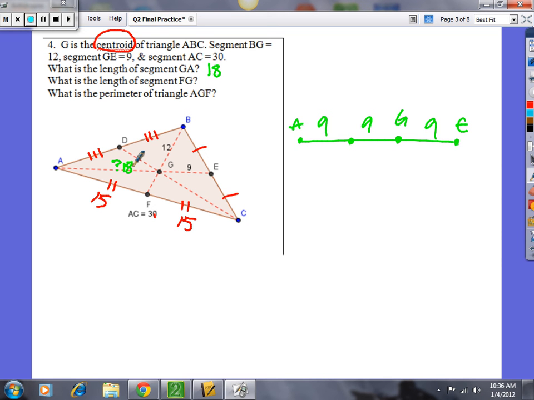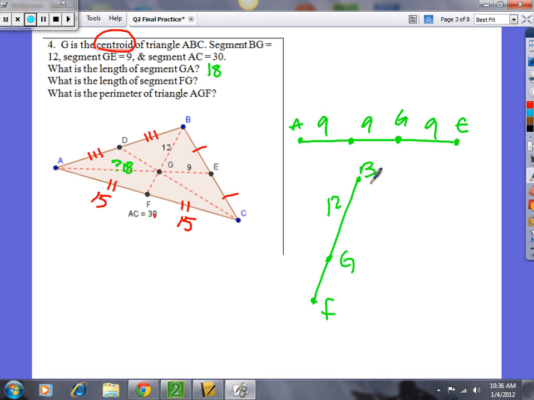And what is the length of F to G? Okay, let me draw that line too. F to G, here's B. Here is G, and here is F. Okay, from B to G is 12, and that's the bigger part of it. So I know how big each chunk is.